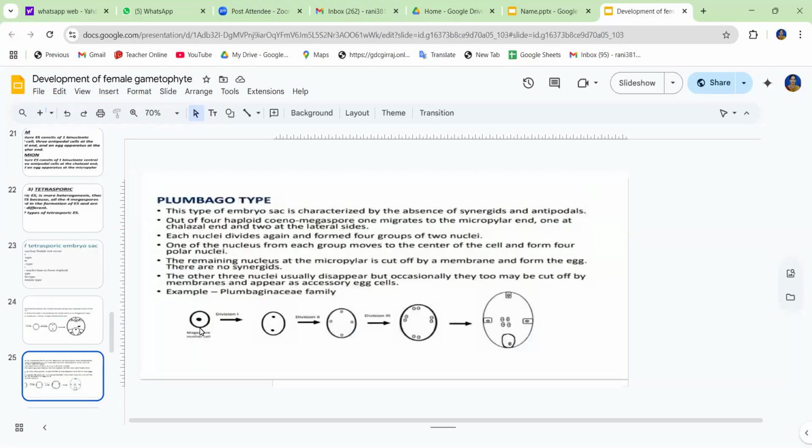And the second one is the Plumbago type. This type of embryo sac has been reported in Plumbago capensis.